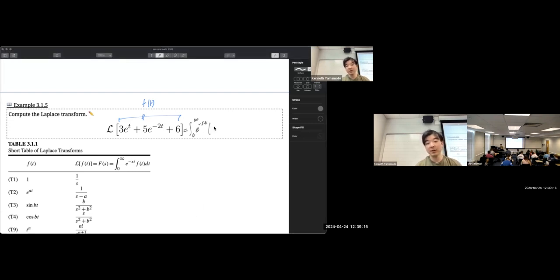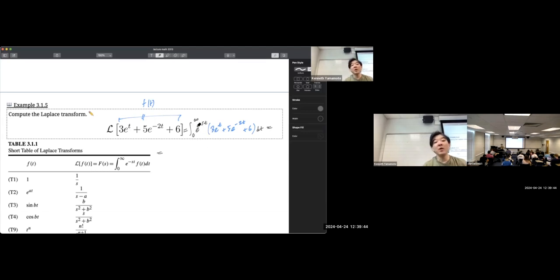So the entire function in this case is all of this stuff. So I'm going to just use blue: 3e to the t plus 5e to the negative 2t plus 6. And then this is going to be integrated with respect to t.